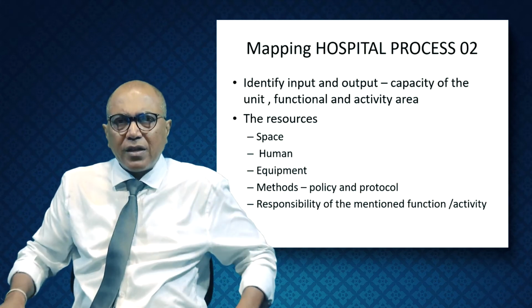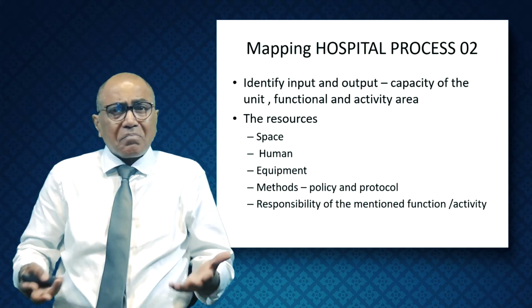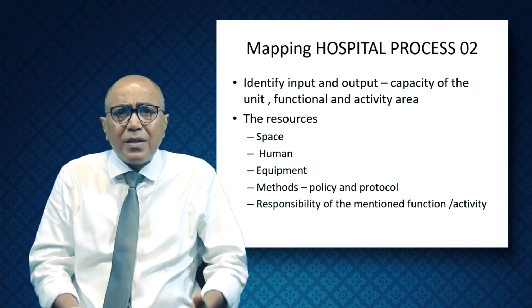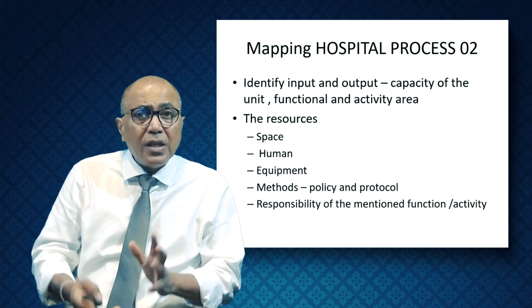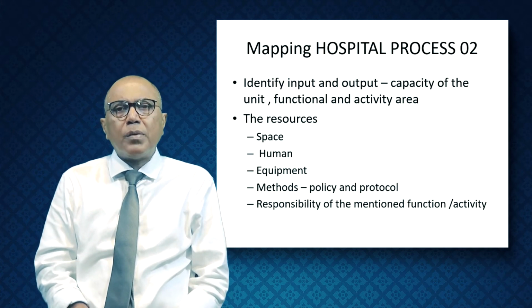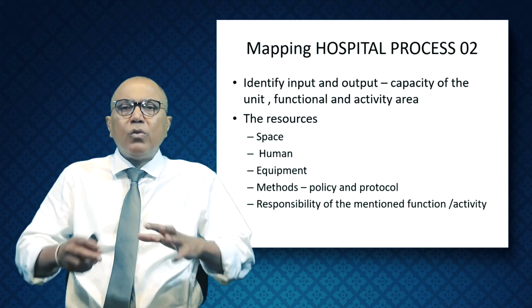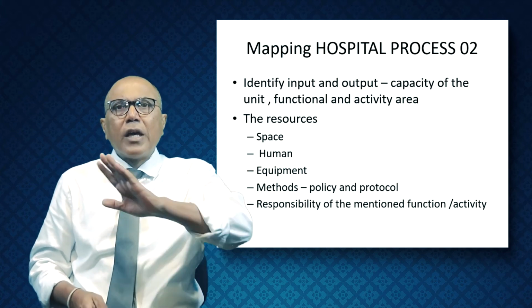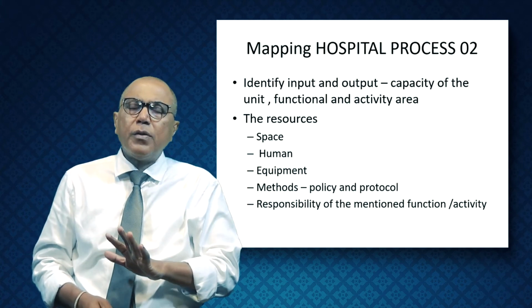This is how you control your operations. It's very simple, isn't it? But you have to do the ground level work, a proper process analysis. And then you have protocols, and with each protocol you can control the whole process.